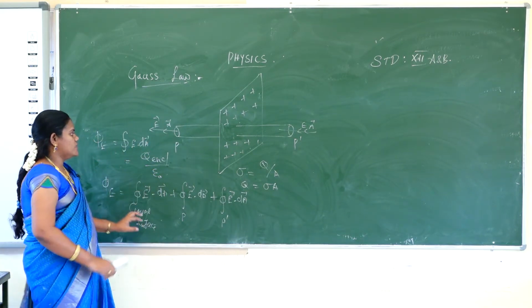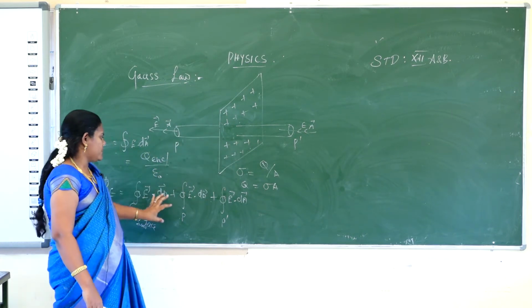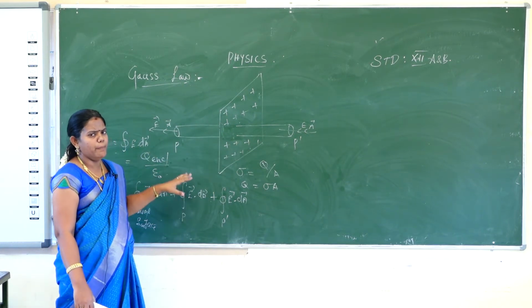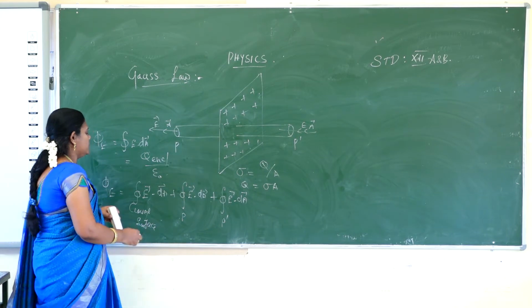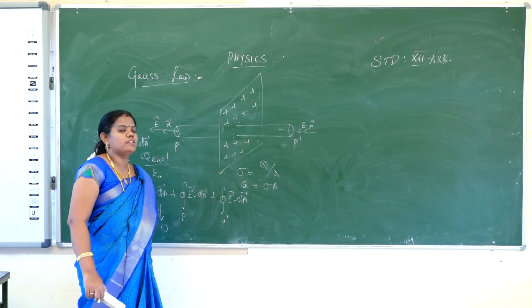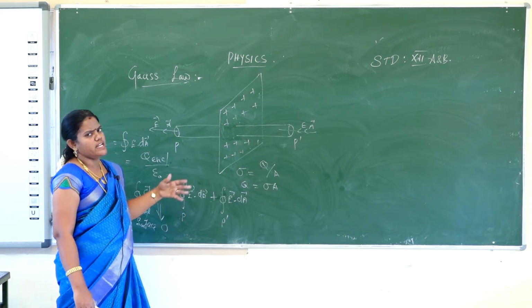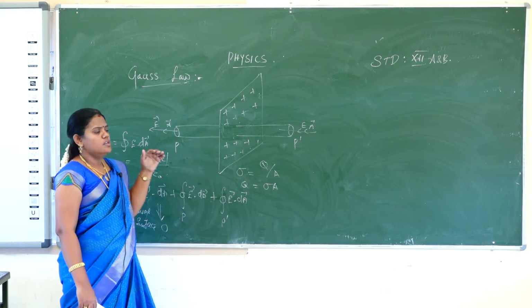On the curved surface, the electric field is perpendicular to the area, so it will be equal to 0. E dot dA is equal to 0 because E dA cos theta, and cos 90 is 0.